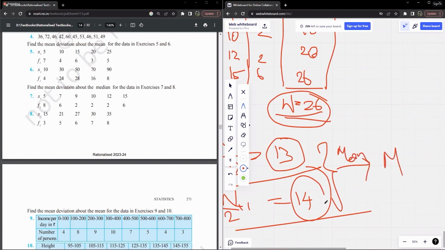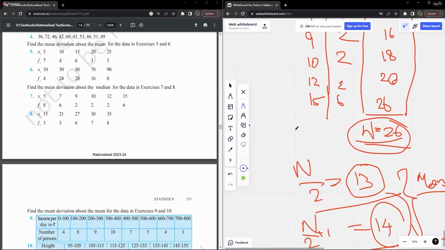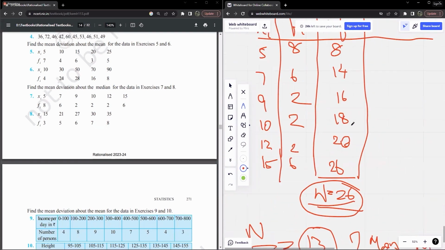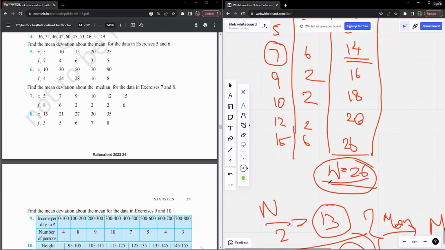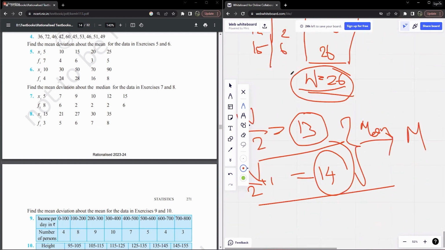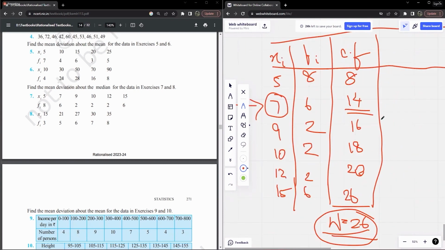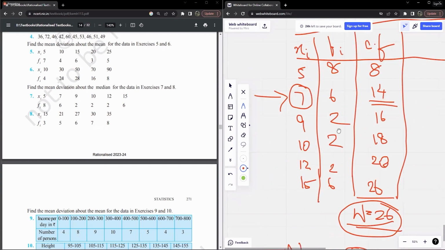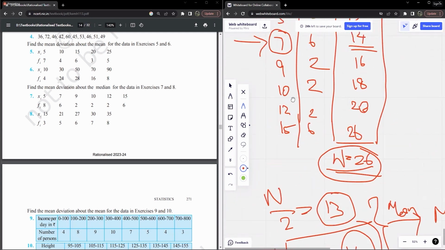Notice that until xi equal to 7, the cumulative frequency becomes 14. So both the 13th and the 14th value come over here, because they are both greater than 8, but both less than or equal to 14. So for the 13th and the 14th value, we have xi equal to 7.